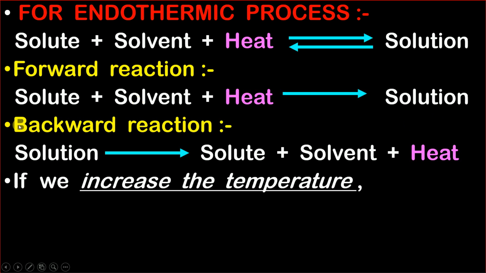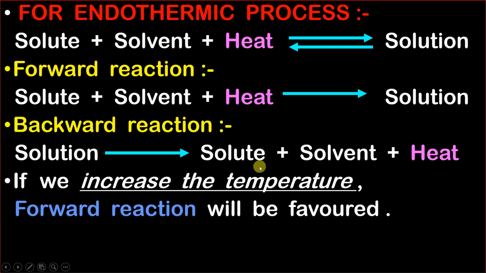Obviously the forward reaction requires heat, and if you supply heat, then it is going to dominate. So the forward reaction will be favored, and this forward reaction is the dissolution process where the solute dissolves in solvent and gives us solution.